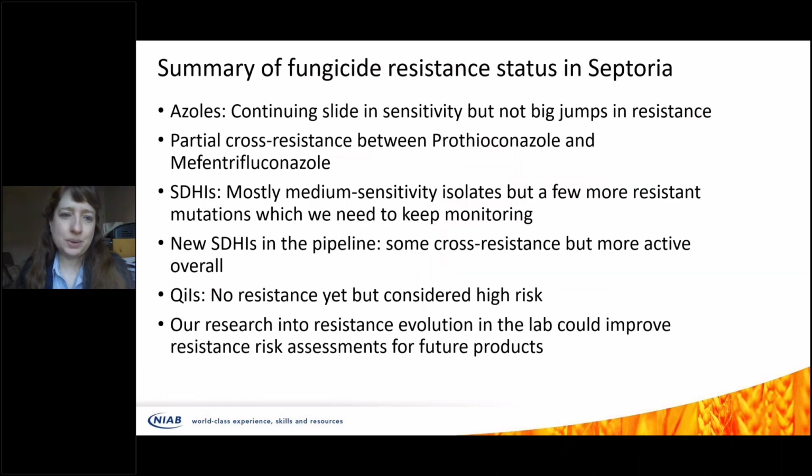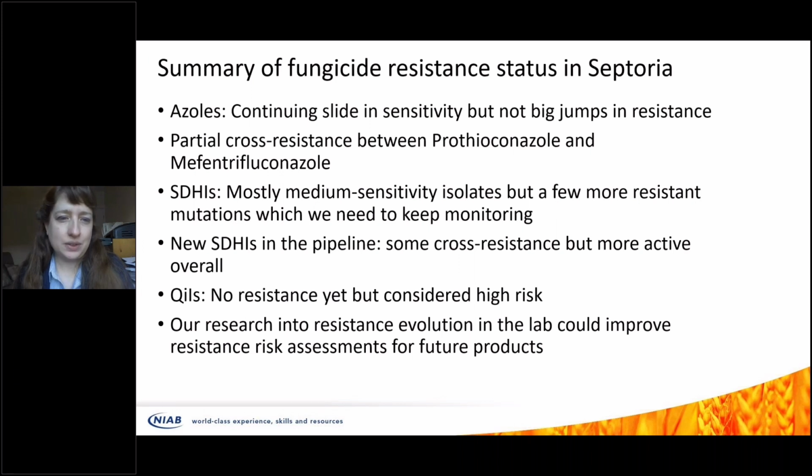So to summarise that situation, with the azoles, we're continuing to see a slide in sensitivity rather than any big jumps, and some partial cross resistance. Similarly with the SDHIs, we're seeing mostly these medium sensitivity isolates, but at some sites perhaps a few more of the resistant ones, so we do need to keep monitoring those in case the frequency increases a bit further.